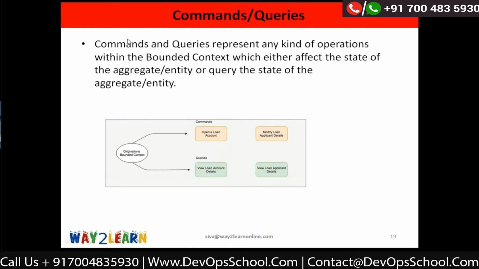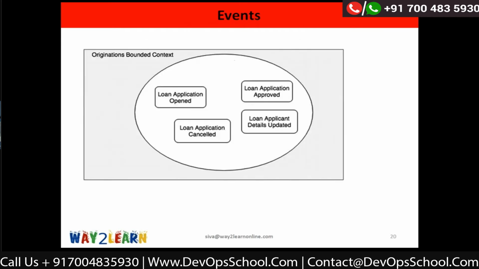So commands and queries represent operations which will either affect the state of the aggregate or query the state. Commands are requests or operations which change the state of my aggregate, and queries are operations which will retrieve the state of the aggregate. Very simple, right?